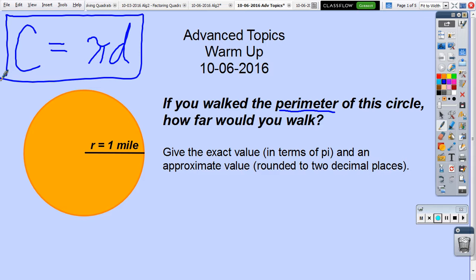How can I write circumference in terms of the radius, which is what we're provided? R squared? R times 2? Kind of get somewhere with the R times 2 thing, yes? Is it something to do with pi? 2R.